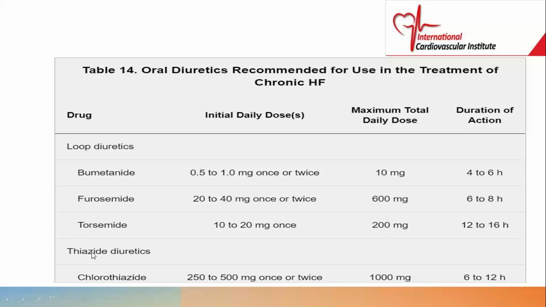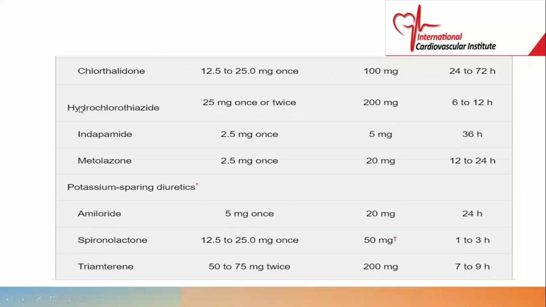And then thiazide diuretics such as chlorothiazide. The dose is 250 to 500 milligrams once or twice, and you can go up to 1,000. Chlorthalidone, which I tend to use a lot, the starting dose is 12.5 to 25 once daily. This is not a bad diuretic, but it's a very good blood pressure medicine.